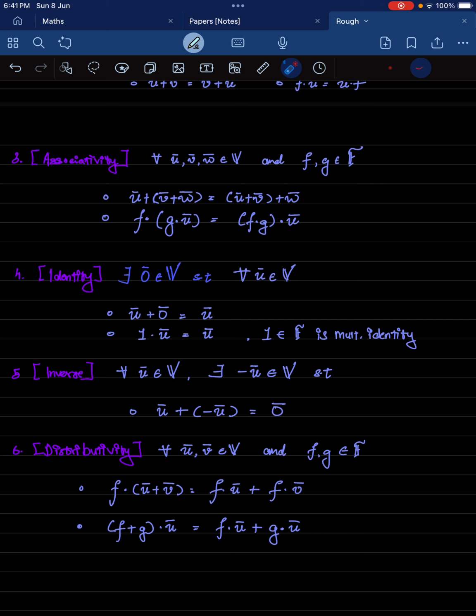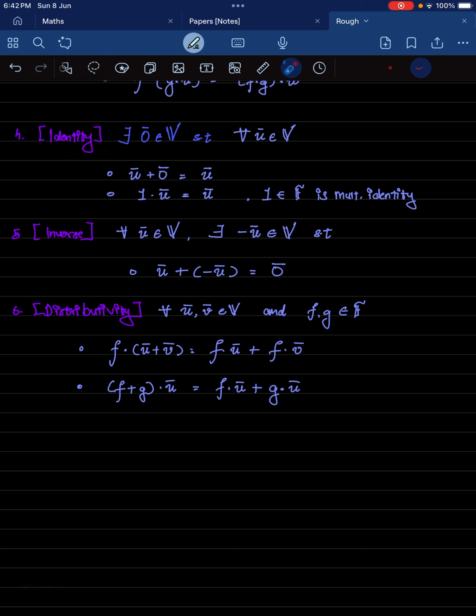So it does not matter. It's the same as associativity of addition in fields. For multiplication, if f times g times u is to be evaluated, then either you can evaluate g times u first, then multiply that with f, or you can evaluate f times g first, then multiply that with u. It will give you the same result.